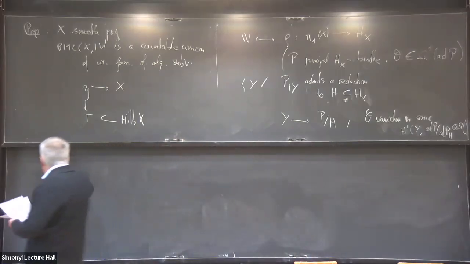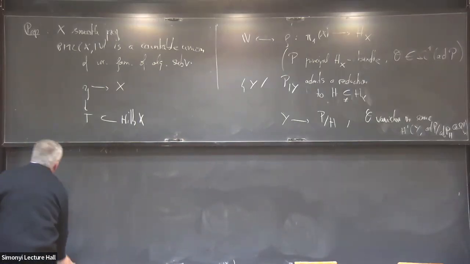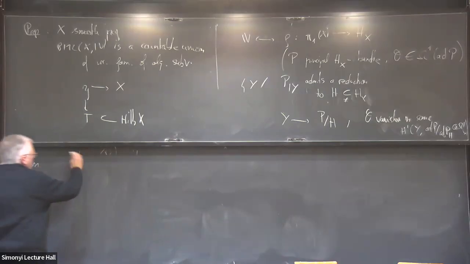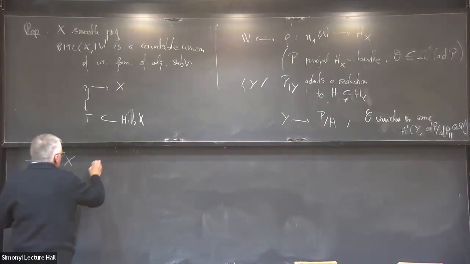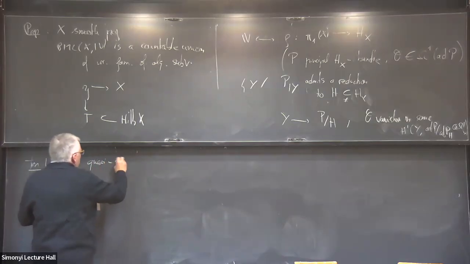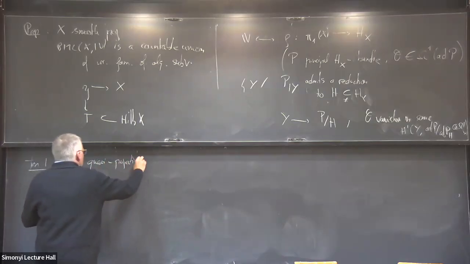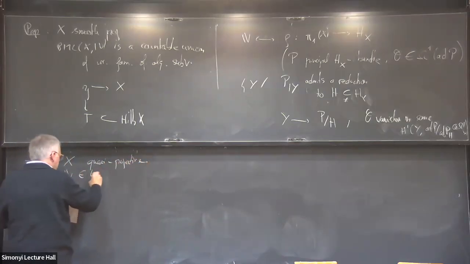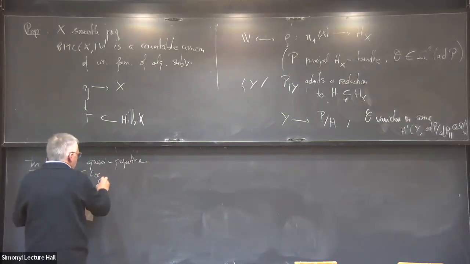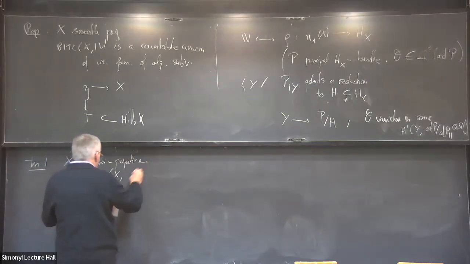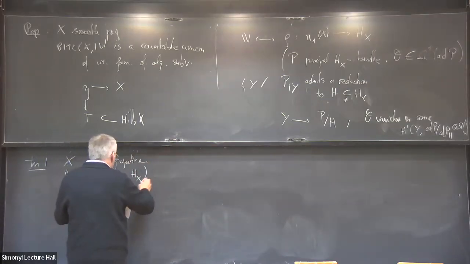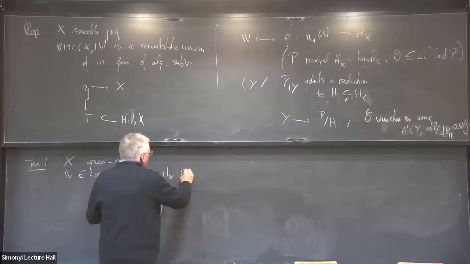So the first theorem is the following. You can take X quasi-projective, you could also take it normal, it doesn't change anything. And you take a local system V with algebraic monodromy group H_X, and H_X is reductive.